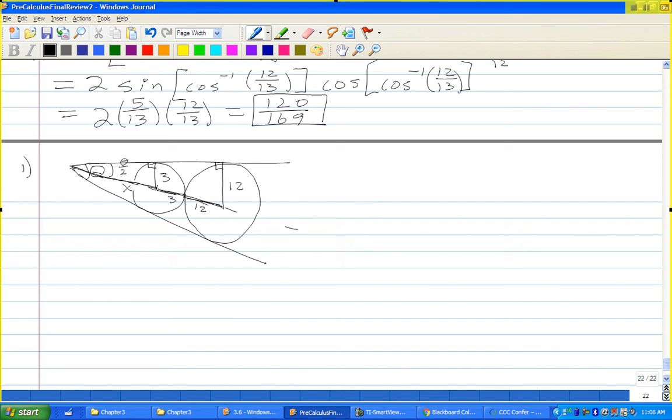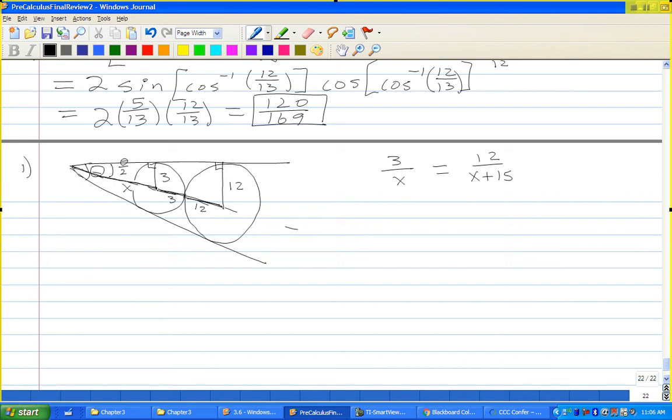Okay, so I have that 3 over x is the same as 12, by similarity of triangles, over x plus 15.